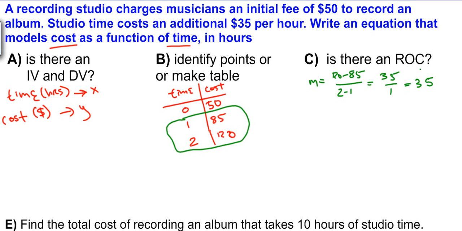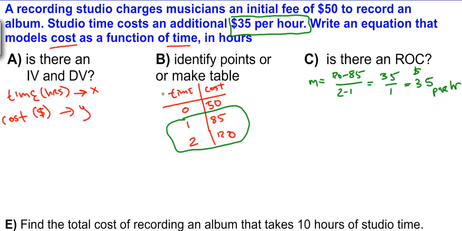This was dollars per hour. Well, did you see that number anywhere? Yeah, we saw it right here. Some of you could have picked it out before I actually did this, and that is okay as well. A lot of times when you see a per hour, that's a good clue that that could be your rate of change. Anytime you see the word per, for every, for each, those are all good rate of change clues.